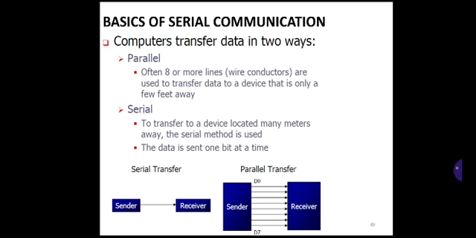Also, an 8-bit data path is very expensive because it requires more components. So for all these reasons, serial communication is used for transferring data between two systems located at a longer distance. That is, if the distance is more, the preferred communication is serial communication.